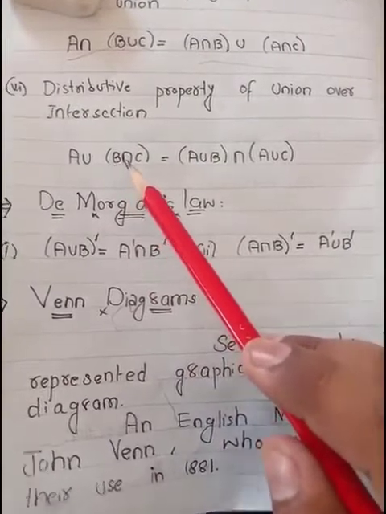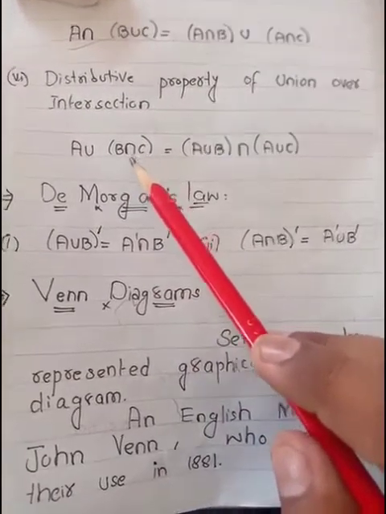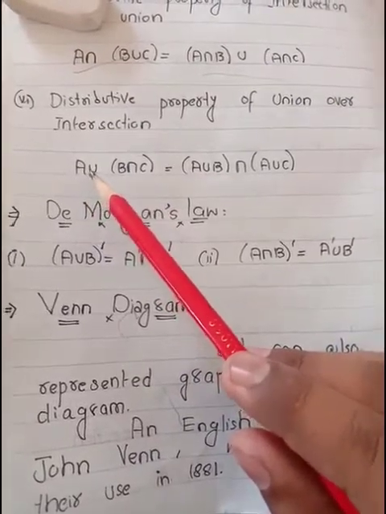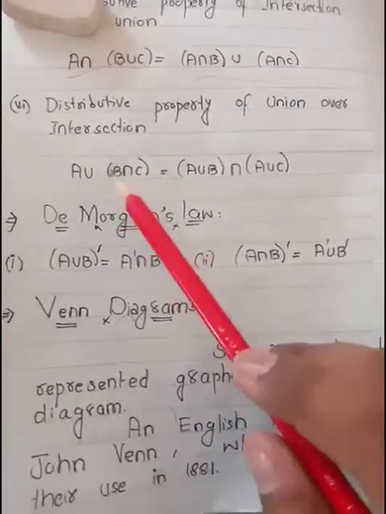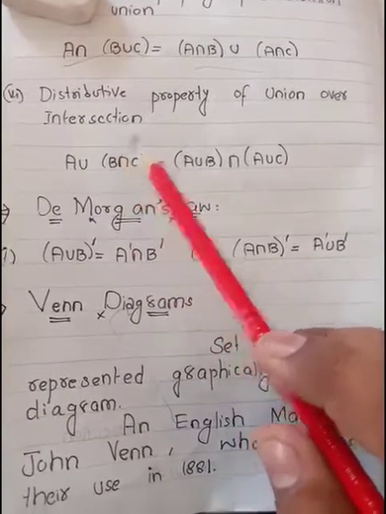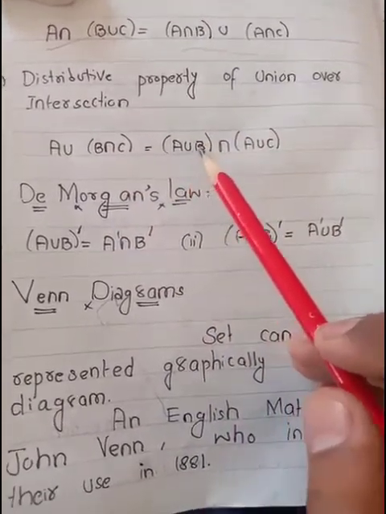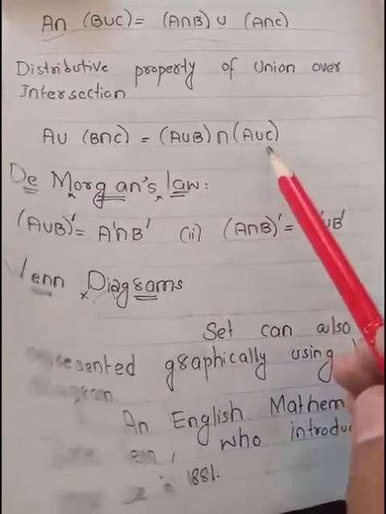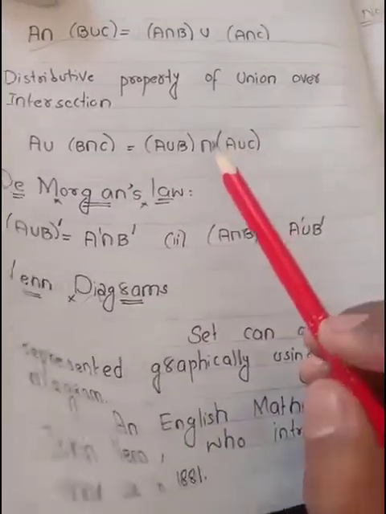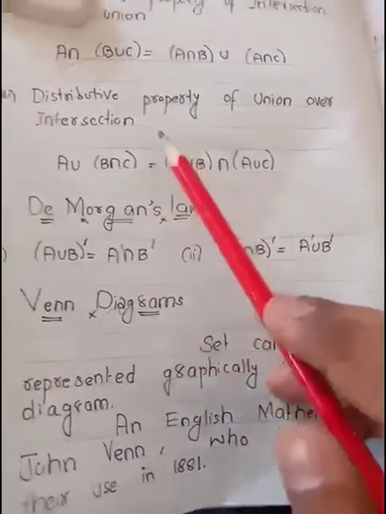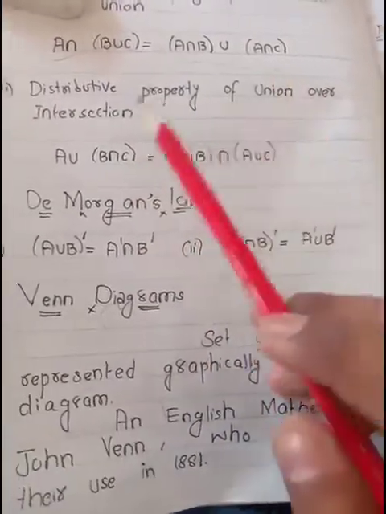In the left hand side, first we will find B intersection C, then we will take the union with set A. So the answer of this side will be equal to the answer of this side. Also on this side we will first find A union B, and then A union C, and we will find the intersection last. The answer of this side should be equal to the answer of this side. This is the distributive property of union over intersection.